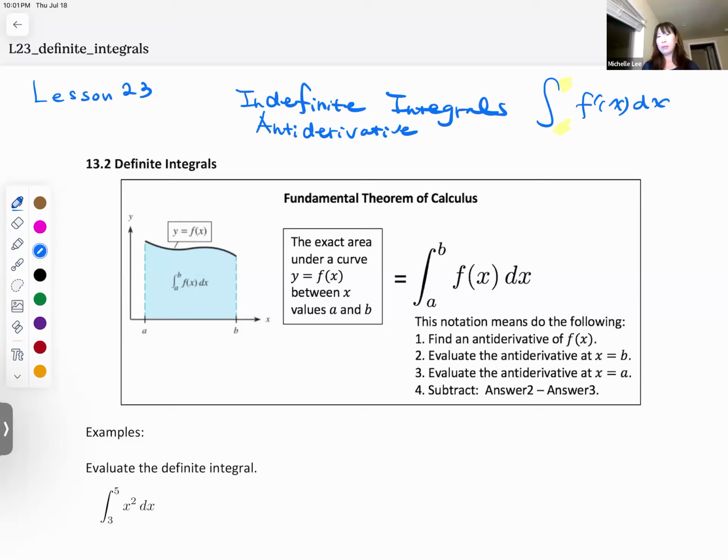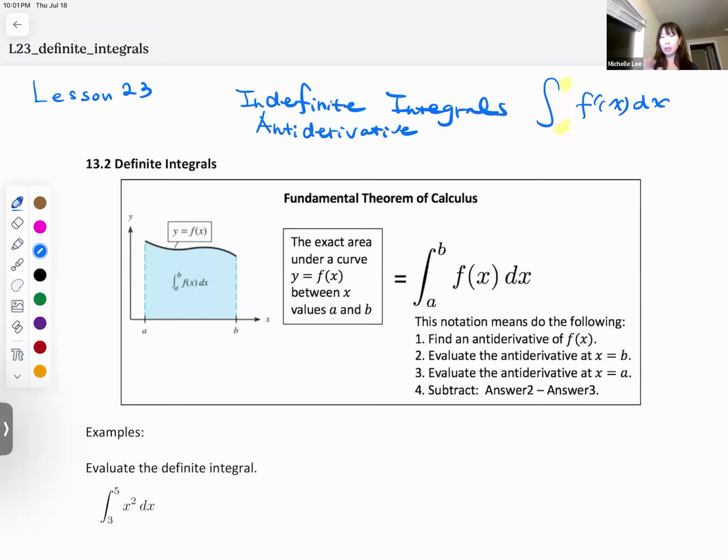the antiderivative, right? But last time, we learned how to find the area under the rectangles. Today, we want to find the area under the curve with just using the antiderivative.